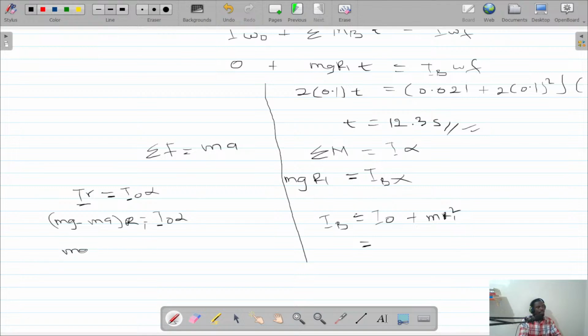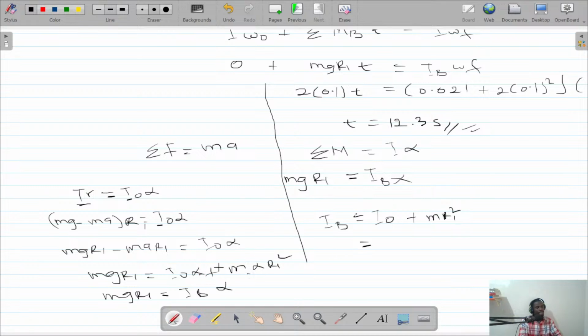So you're going to get mgR1 minus TR1 is equal to I naught alpha, so you get mgR1 equals I naught alpha plus m alpha R1 squared. You see, mgR1 equals I_B alpha. If you factorize alpha out, you have I naught plus mR1 squared, which is the same as this. So using this method or this method is the same.